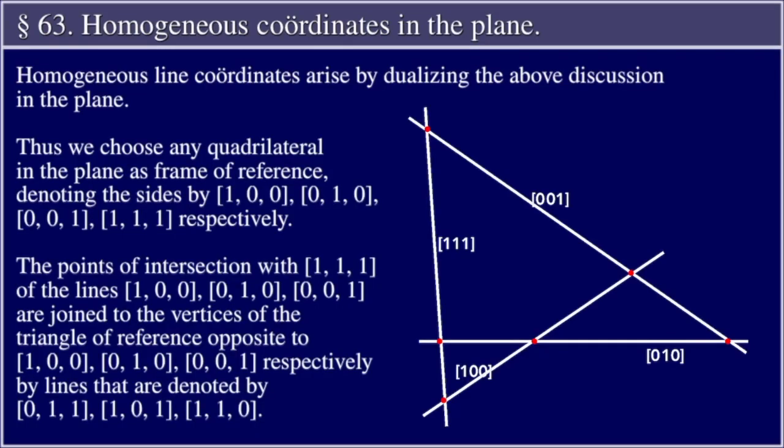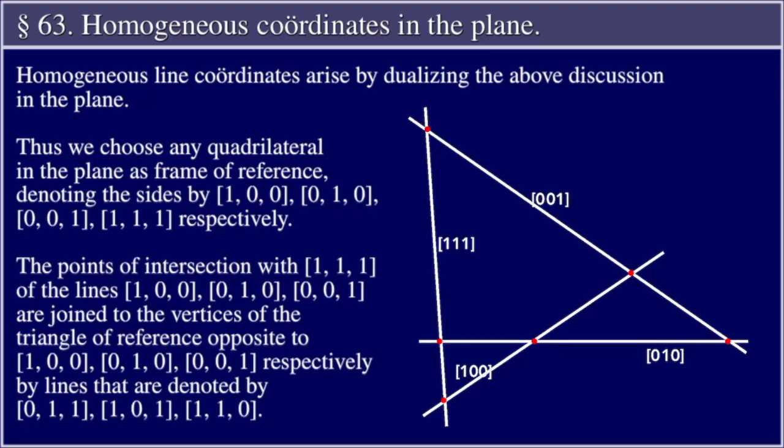Homogeneous line coordinates arise by dualizing the above discussion in the plane. Thus, we choose any quadrilateral in the plane as frame of reference, denoting the sides by [1, 0, 0], [0, 1, 0], [0, 0, 1], [1, 1, 1], respectively.